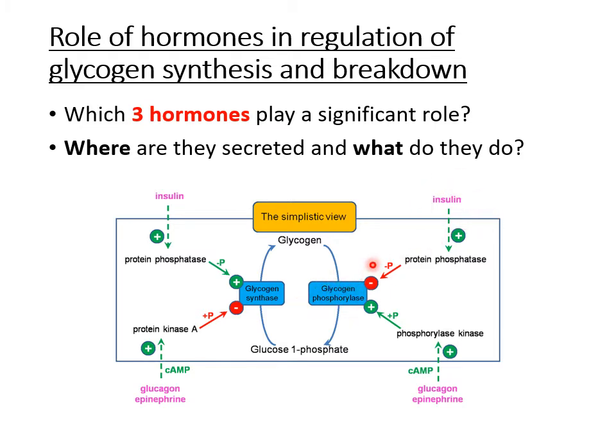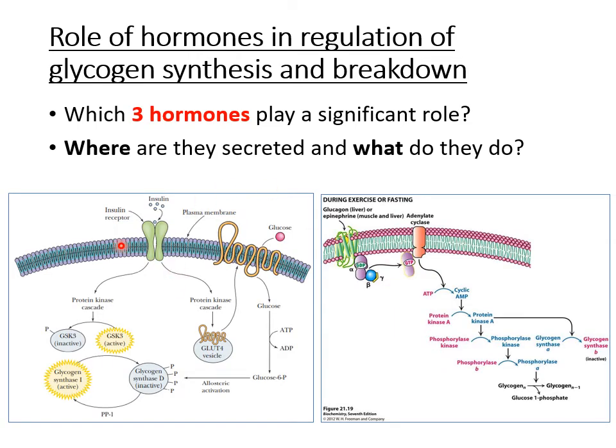Okay, that's what the minus on each of these is showing, because we mentioned earlier you don't want synthesis and breakdown happening at the same time. So if you're the hormone insulin that promotes the synthesis of glycogen, you will also want to block the breakdown of glycogen, because you don't want synthesis and breakdown happening at the same time. Okay, so now we'll just take a quick look at the more complicated figures from the textbooks.